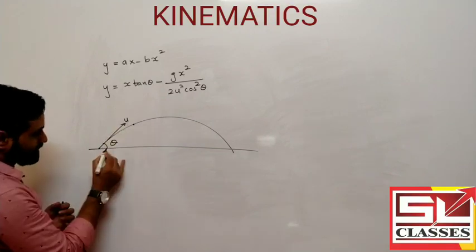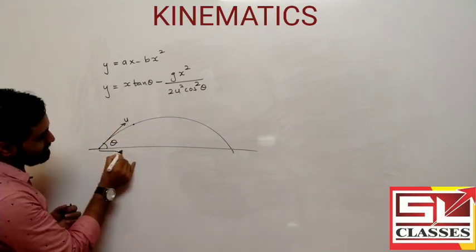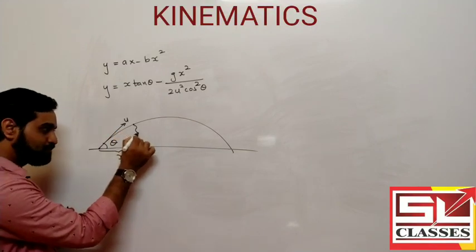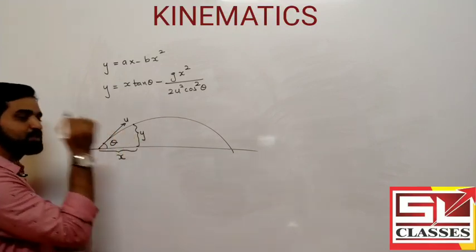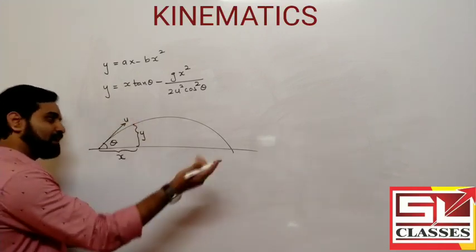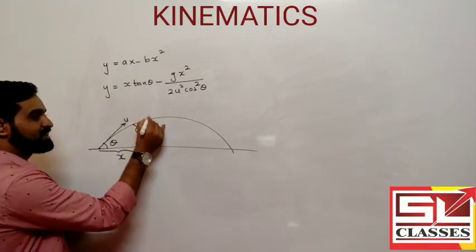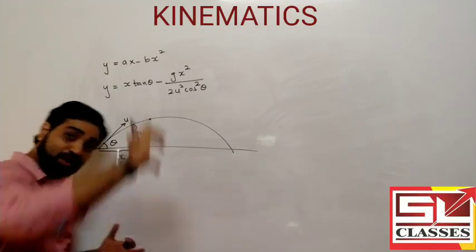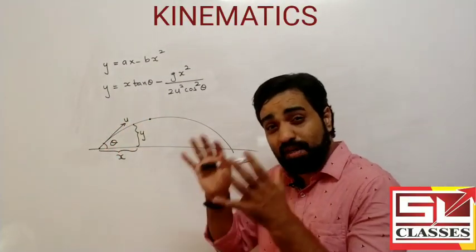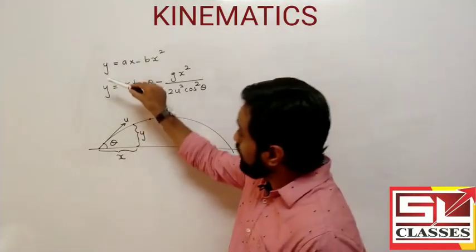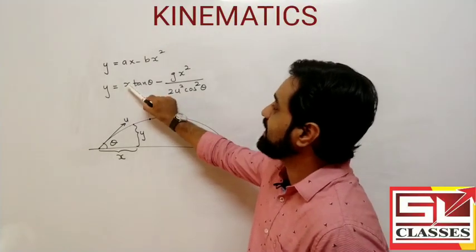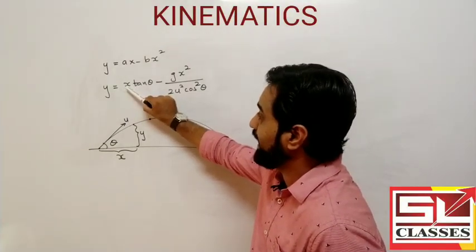That means the projectile has this much horizontal displacement and this much vertical displacement. This is called x, this is called y. After some more time, the body maybe reaches here. x varies, y also varies. So the trajectory equation actually gives the vertical displacement after covering a horizontal displacement x.